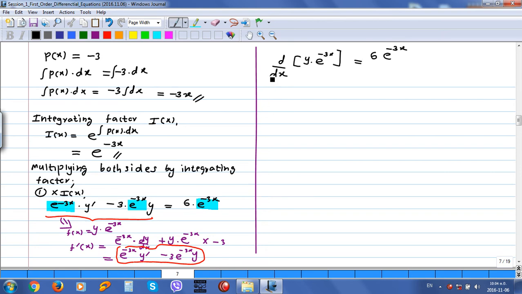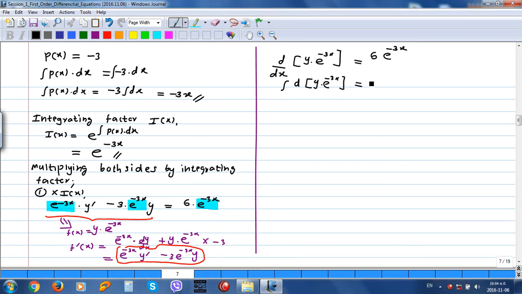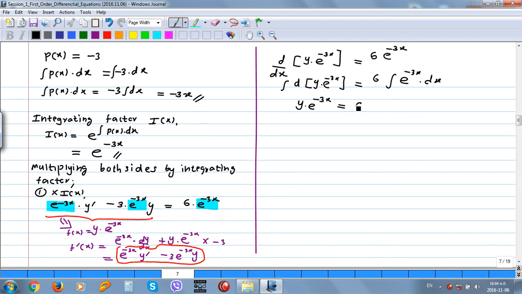Now I can send dx to that side and take the integration of both sides. Then d of y times e to the power minus 3x equals integration of 6 e to the power minus 3x dx. So here this d and this integral cancel, then here comes y times e to the power minus 3x equals 6.